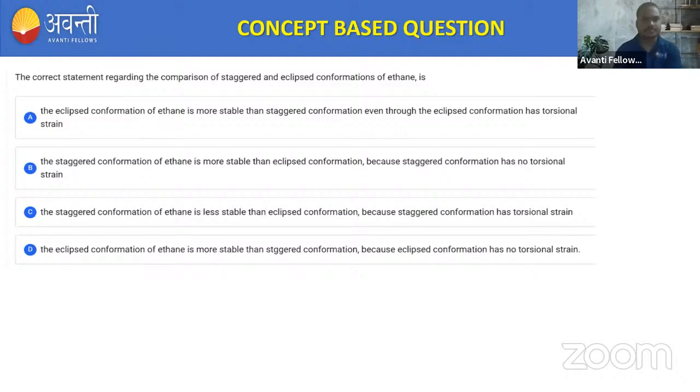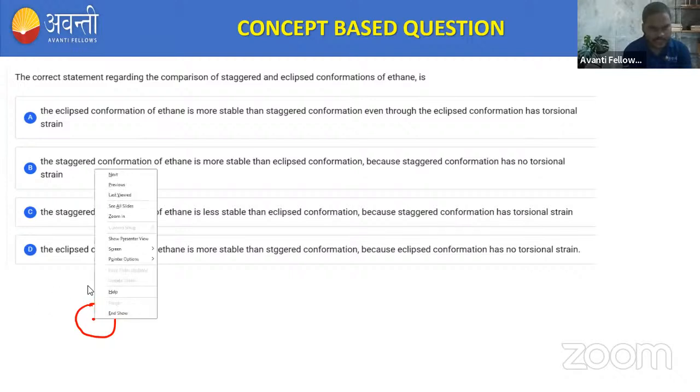चलो. Now the next question is, which is the correct statement regarding the comparison of staggered and eclipsed conformations of ethane? So let me draw the conformations of ethane, both the staggered and eclipsed forms.